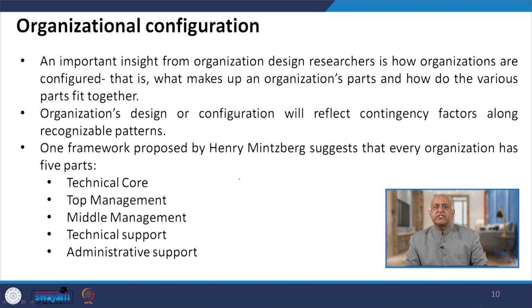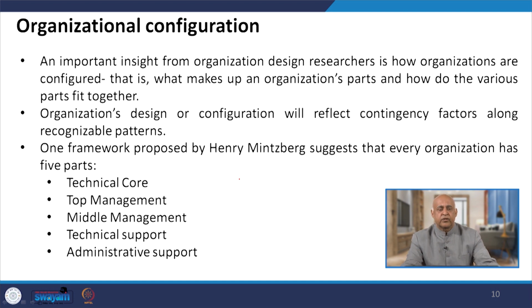An important insight from organization design researchers is how organizations are configured: what makes up an organization's parts and how the various parts fit together. So, organization design or configuration will reflect contingency factors along recognizable patterns.